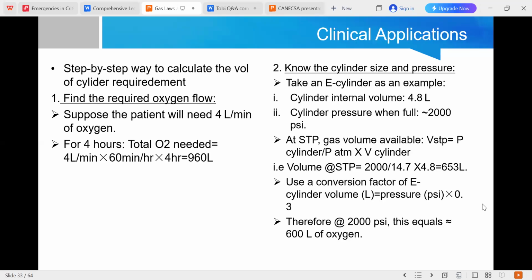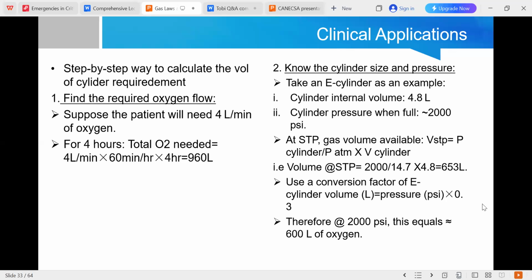And I just brought a practical scenario. For instance, if you have a 6-hour or 4-hour procedure, or maybe you want to transport a patient who is on oxygen on a 4-hour journey from the referral hospital to the receiving hospital.